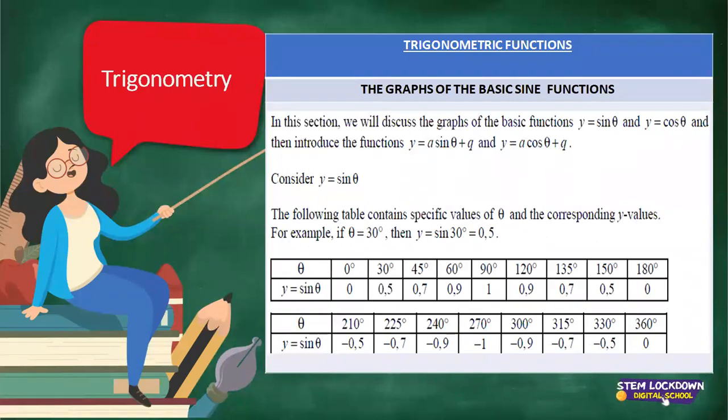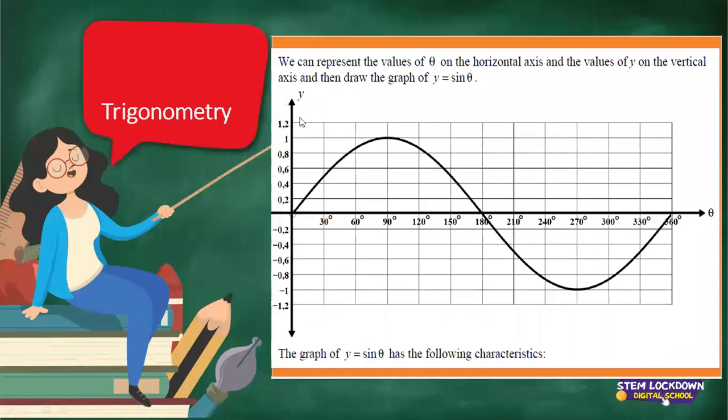If q is minus, the standard graph has been shifted q units downwards. So q in both cases refers to the translation of the graph vertically, either upwards or downwards, and our a value refers to our amplitude.